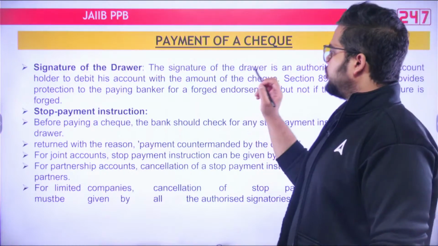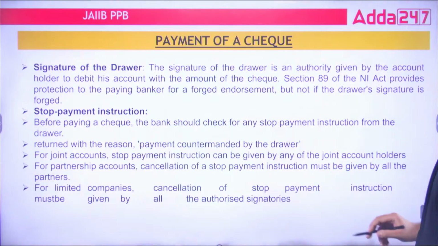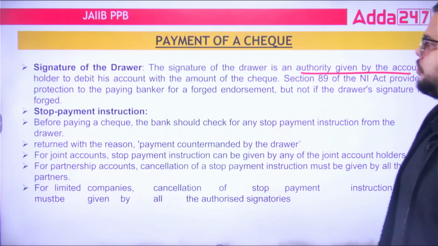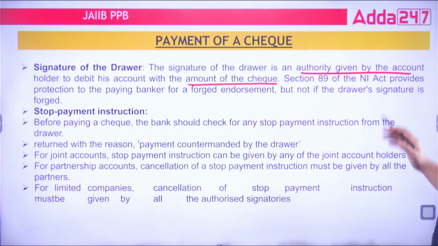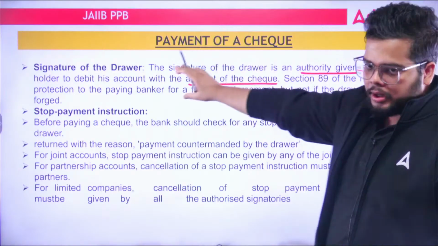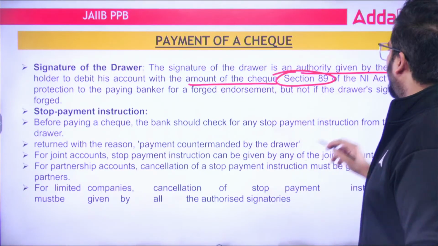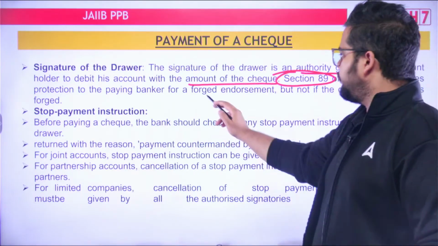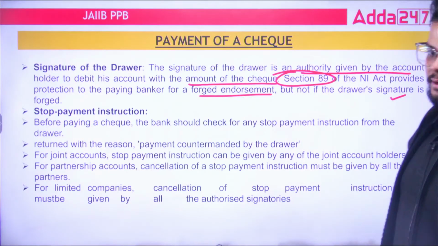Fine. Signature of the drawer. When we talk about the signature specifically, what happens here? Signature of the drawer is an authority given by the account holder to debit his account with the amount of the check, whatever is written there. What is important under this signature is this: section 89 of the NI Act provides protection to the paying banker for a forged endorsement, but not if the drawer's signature is forged.